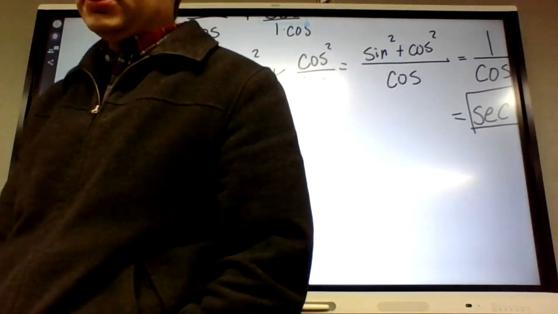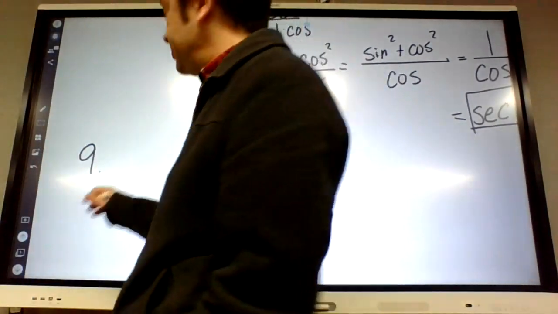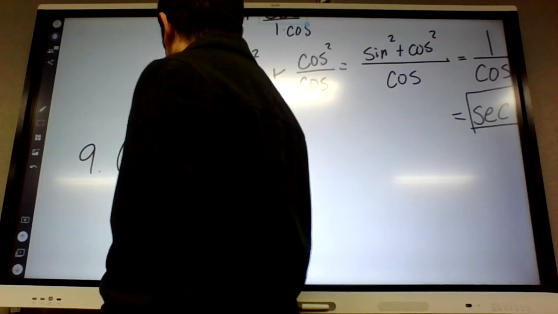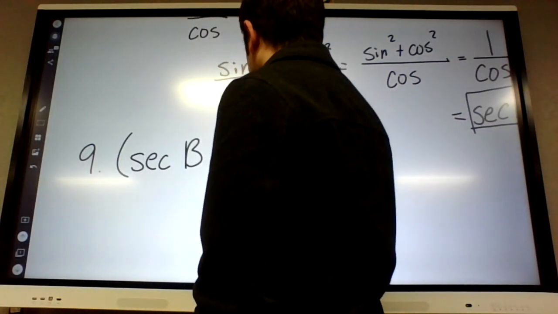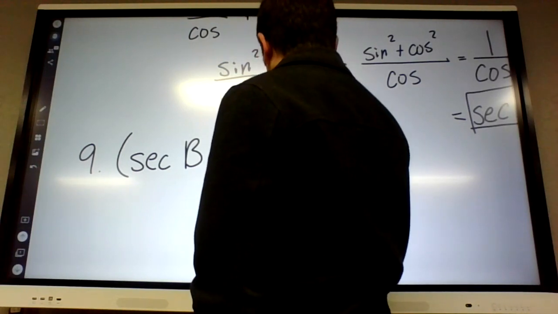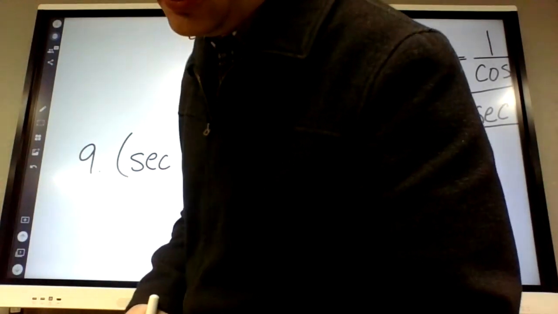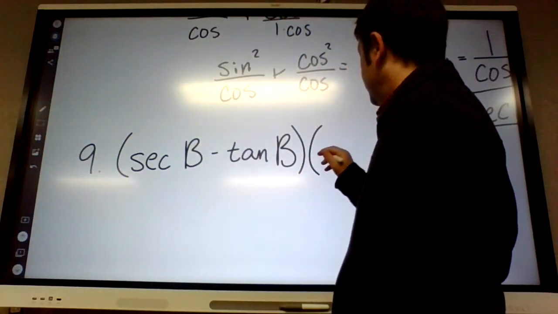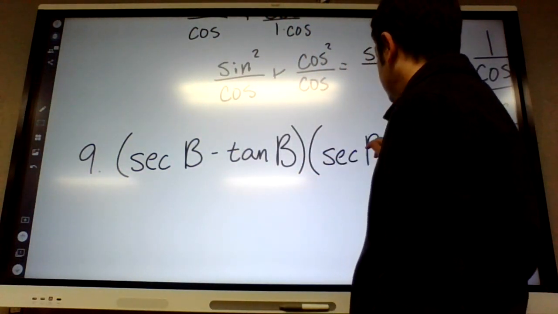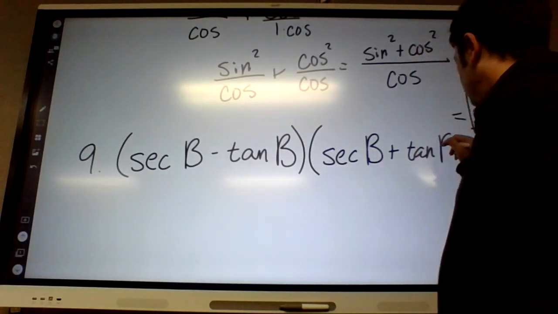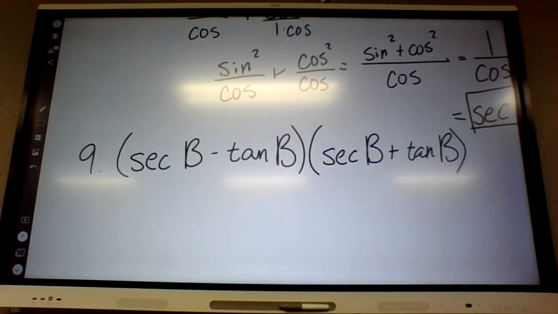Number 9, secant b minus tangent b times secant b plus tangent b. All right, what do you guys think?